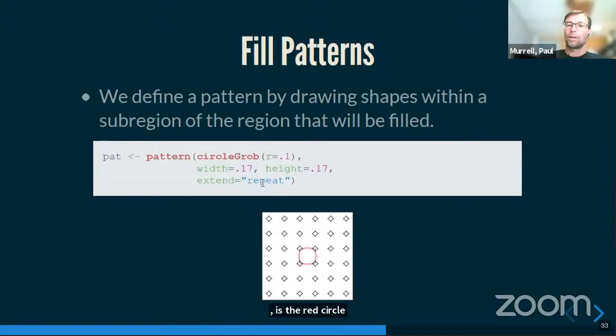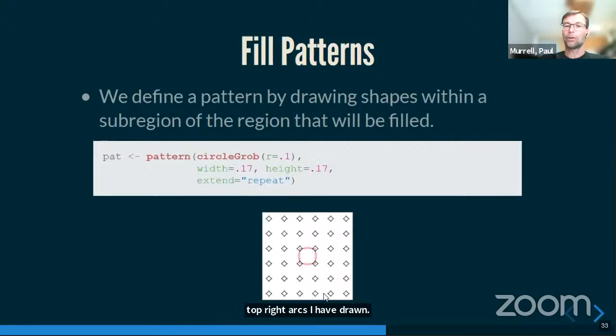And the pattern that I get is the bit of this shape that's inside the size that I've defined. So I'm actually only getting the very top left, top right, bottom left arcs on the circle that I've drawn. And then I'm saying that this pattern will repeat when it's used to fill a region.